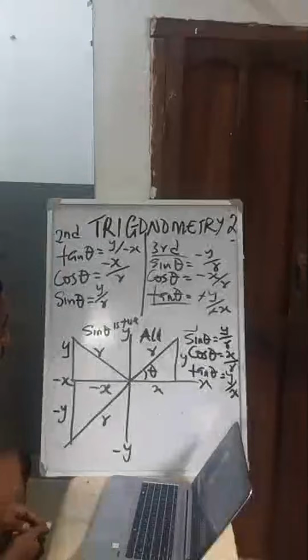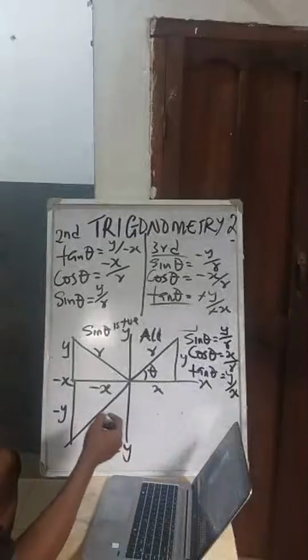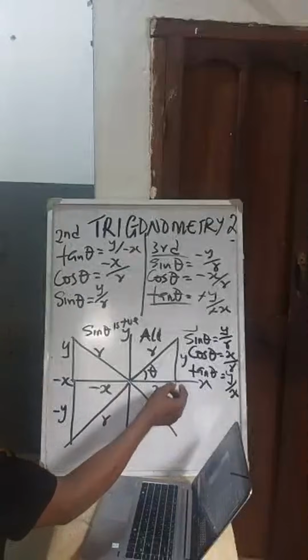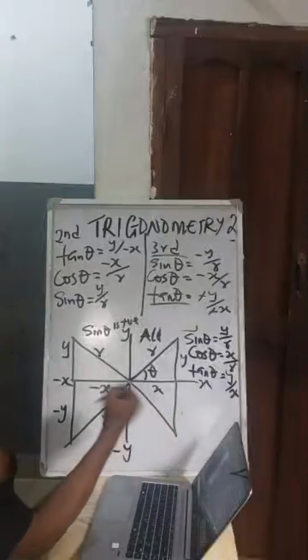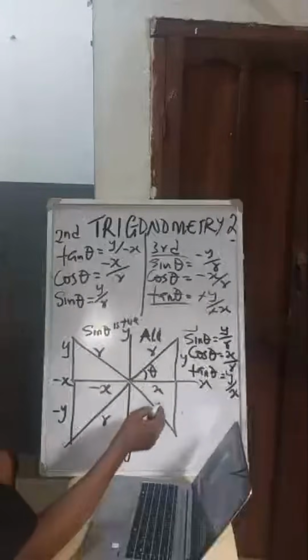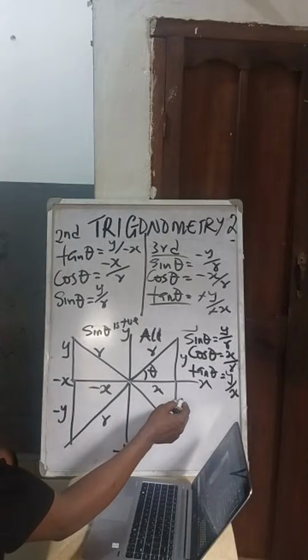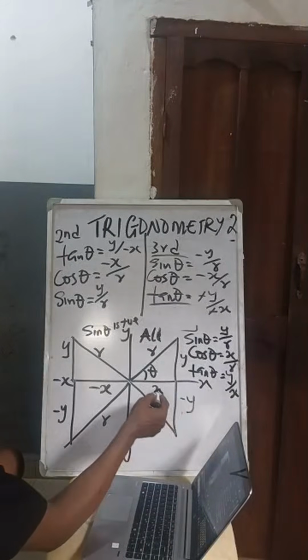So what happens in the fourth quadrant? In the fourth quadrant, you notice that here is our negative y, but x is positive.